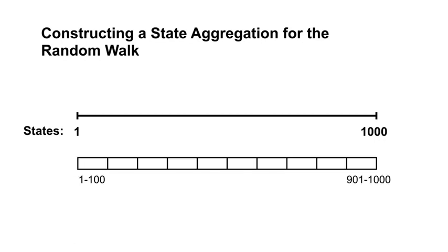States close together should have similar values. Now we have to choose how many states to put in each group. If the groups are small, our value estimates will ultimately be more accurate, but will take longer to learn. We use 10 groups, each containing 100 states. This is a nice change from the 1,000 states we started with.